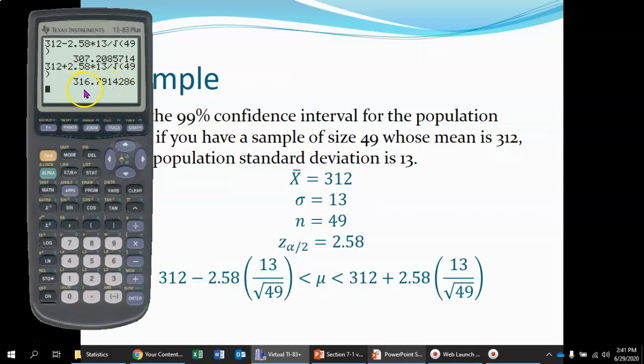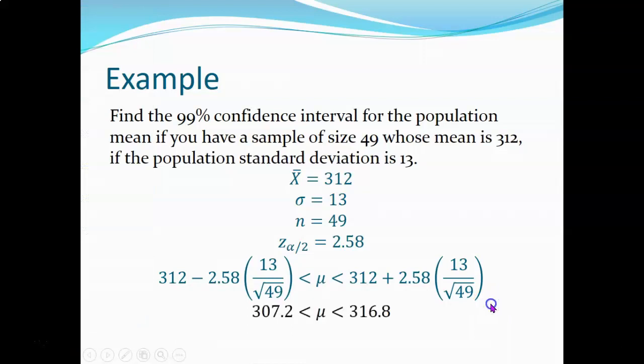So that's about 316.8. The other way we could have done this is calculate just the margin of error part, 2.58 times 13 divided by the square root of 49. That comes out to be about 4.8, and then the interval goes from 312 minus 4.8 to 312 plus 4.8. But however we get it, that is 307.2 to 316.8.